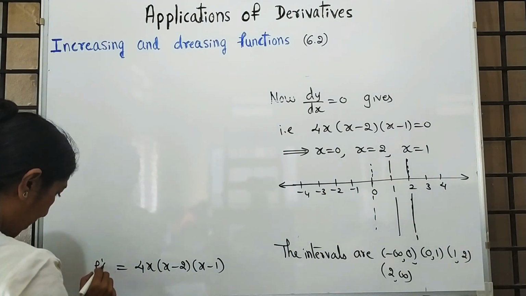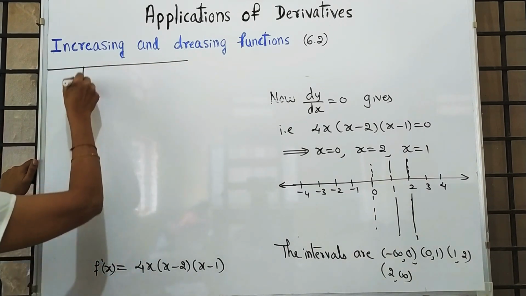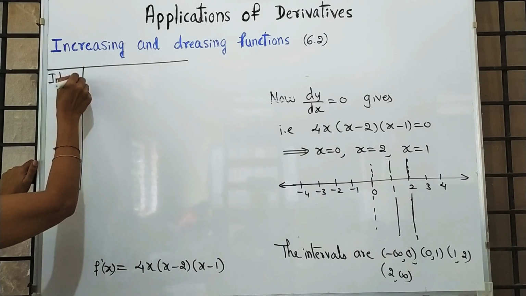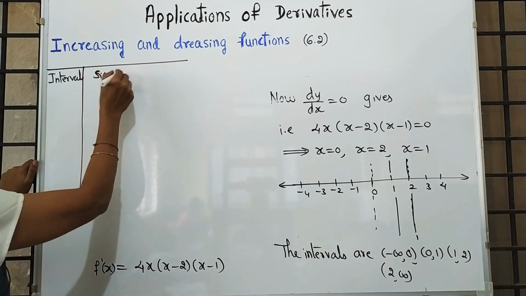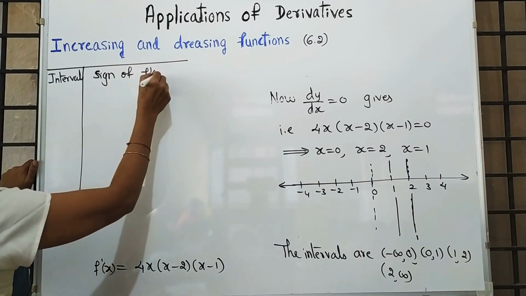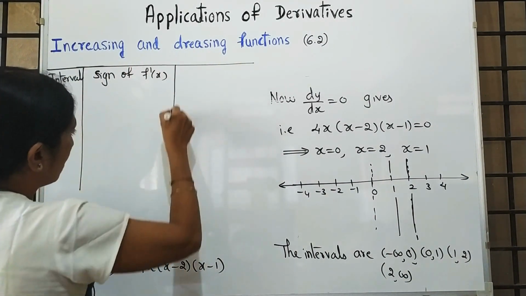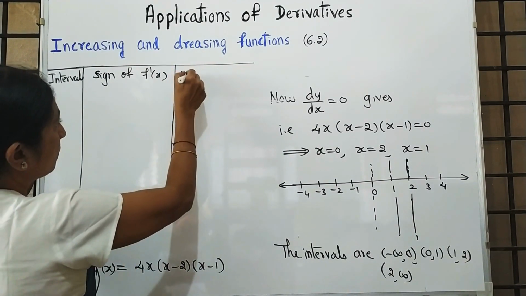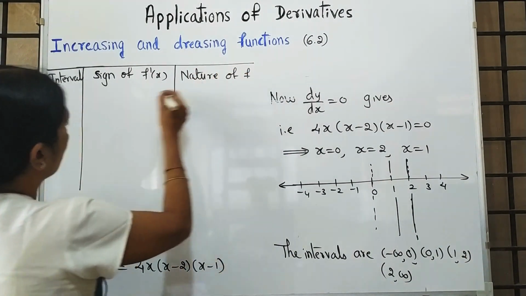This is f dash of x. First column is for intervals. Second one is sign of f dash of x. Then nature. And after this table we will write the value.